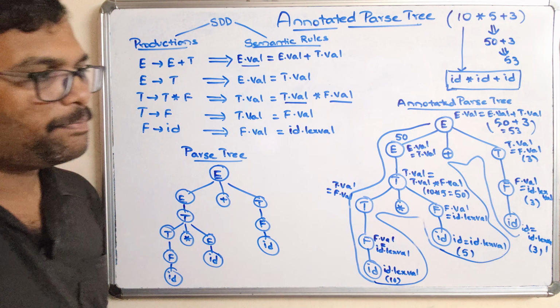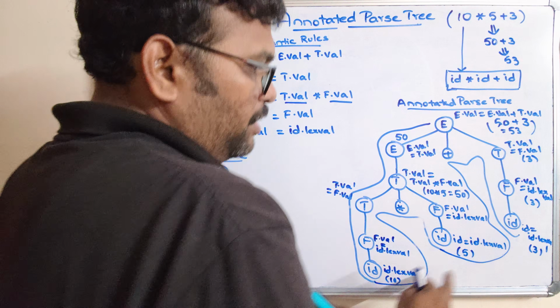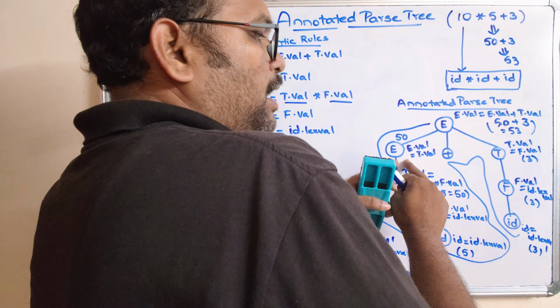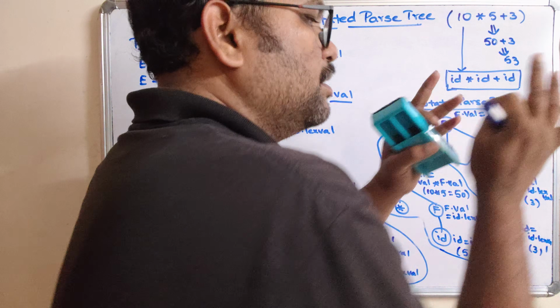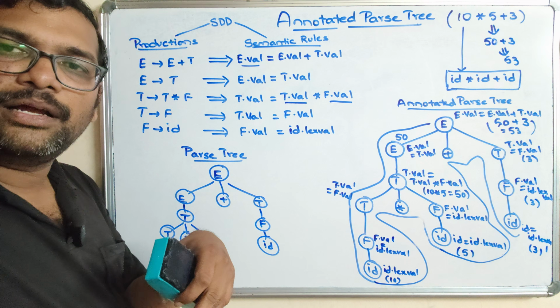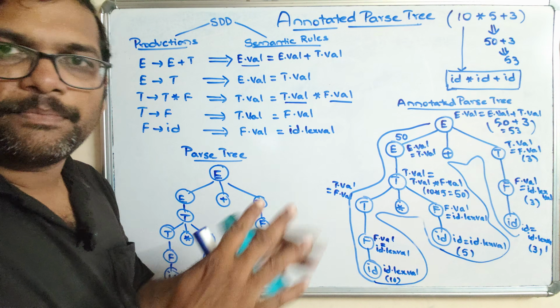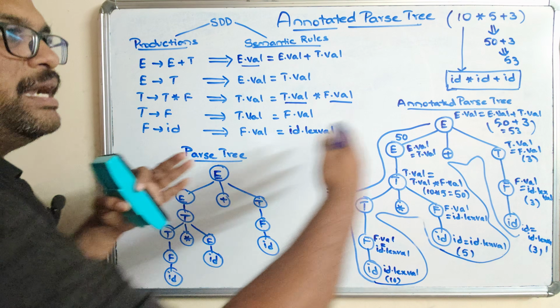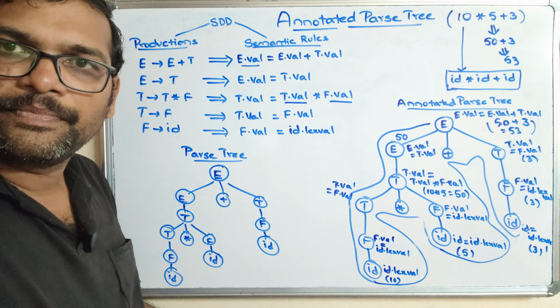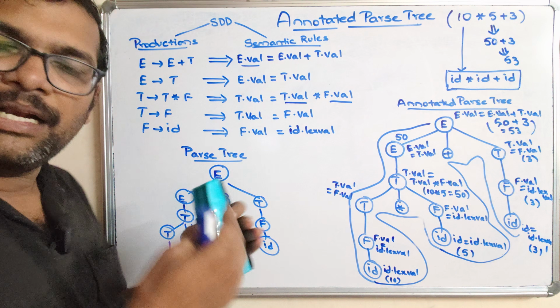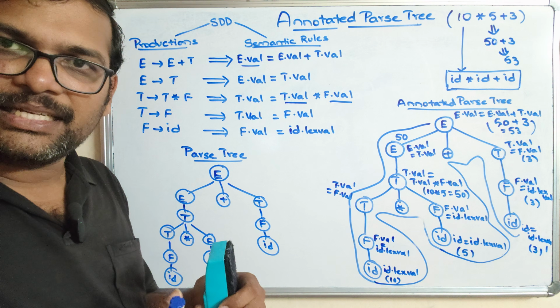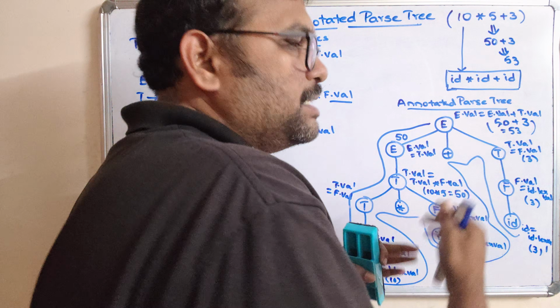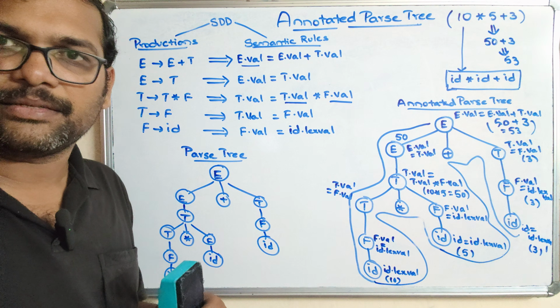You can see in this example, first the 10 into 5 has been done, and that is added to the rest of the id, that means 3 in this example. So this is the difference between the parse tree and annotated parse tree. The parse tree is an output of syntax analysis, and the annotated parse tree is the output of semantic analysis.